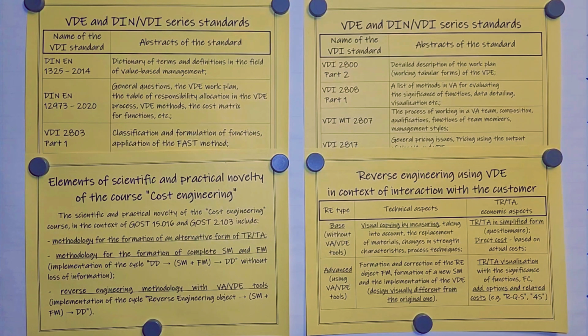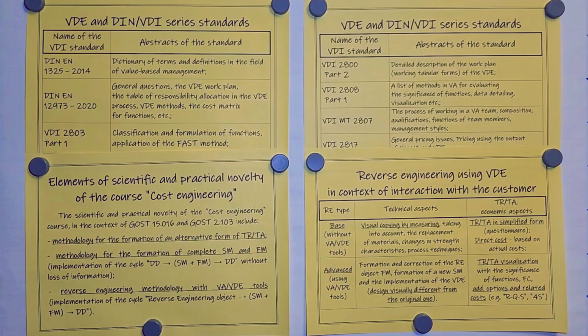However, it's the same as in the case of VDI 2803 Part 1, Function Analysis, Fundamentals and Methods. I would recommend that students familiarize themselves with the standard to broaden their horizons.